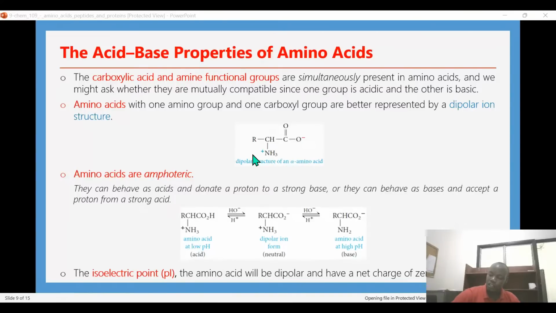The COO is negative and the NH3 is positive, so the negative sign from the COO and the positive sign from the NH3 neutralize each other. If they neutralize, the net charge is going to be 0, because plus and minus give 0. So an isoelectric point is a point where the net charge of an amino acid is 0.